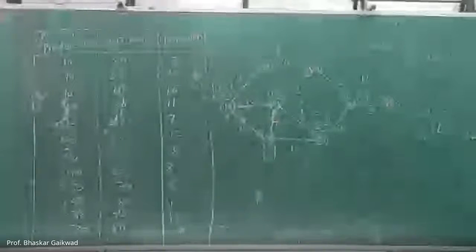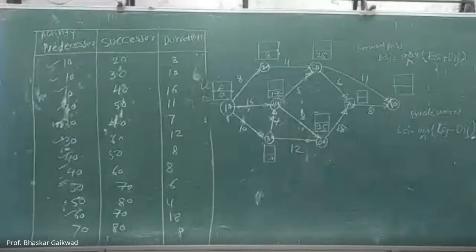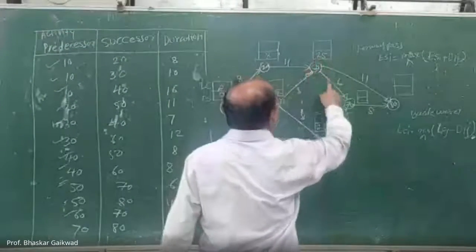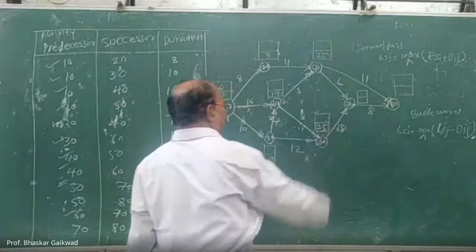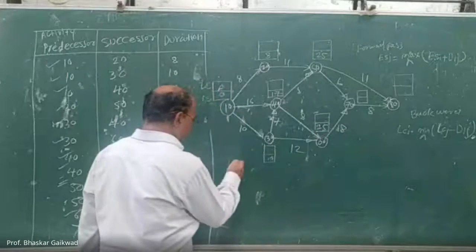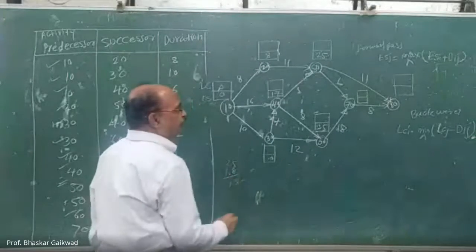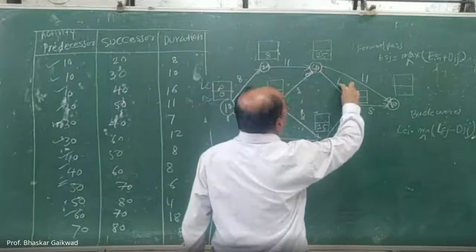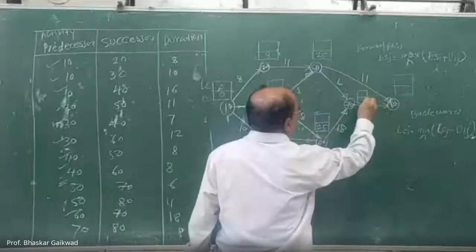Which is the maximum that you have to consider? 25 plus 6, 31, and 25 plus 18, 43. Which is the maximum here? This is 31, but this is 43. Here you can write 43.